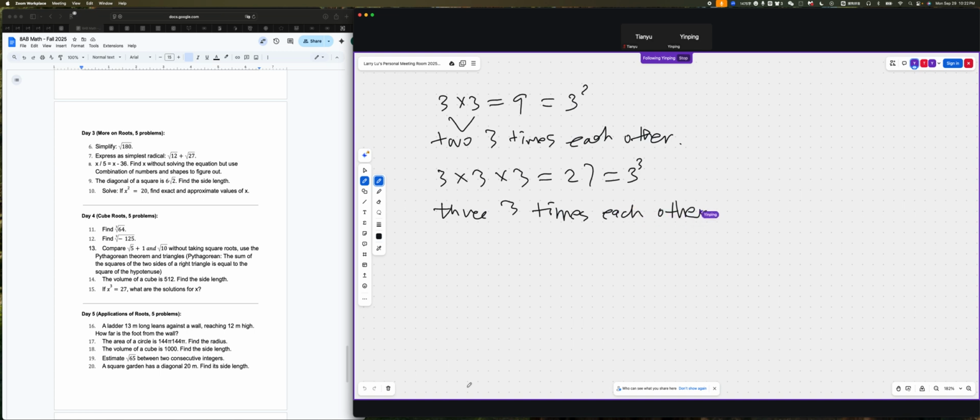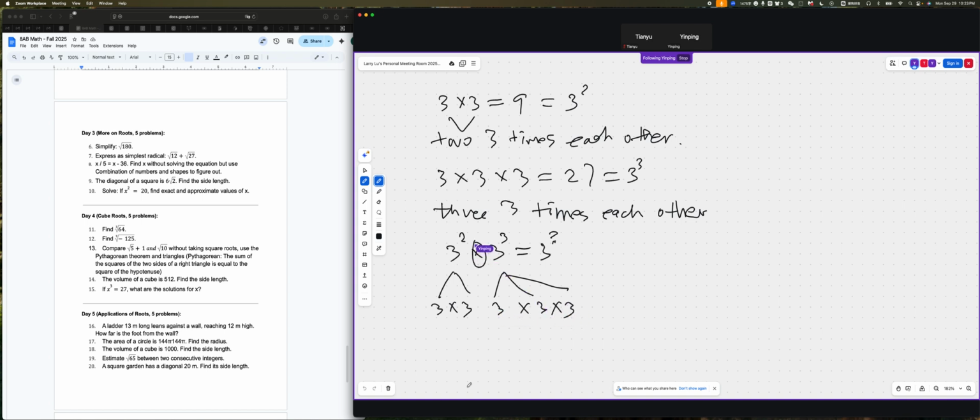And then if I have 3 power 2 times 3 power 3, what can I write? It is equal to 3 power what? Let me decompose this. 3 squared is 3 times 3, and 3 cubic is 3 times 3 times 3.